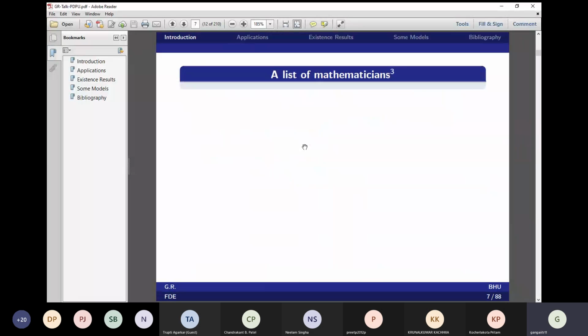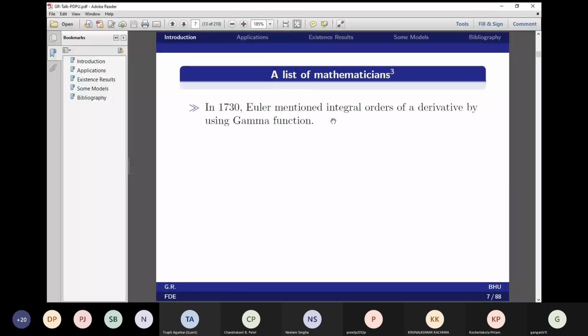So here is a list of mathematicians who contributed their work to fractional calculus. In 1736, Euler mentioned the integer order of a derivative by using the gamma function. In 1812, Laplace defined the fractional derivative by means of an integral.